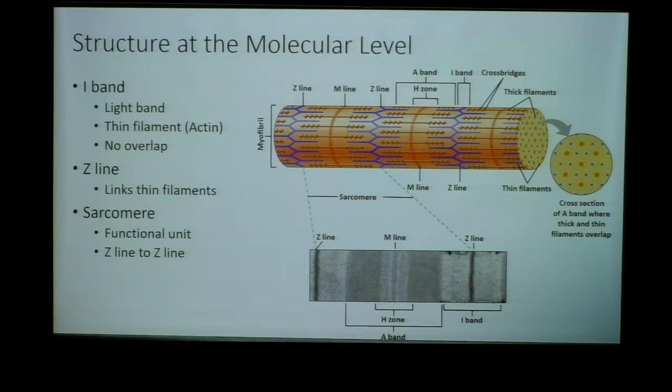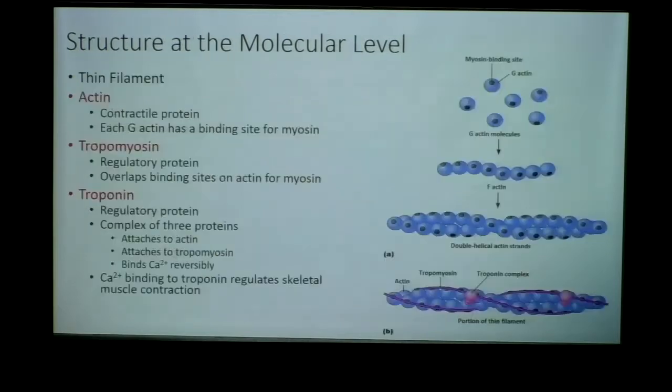The Z line borders the sarcomere, okay? So from one Z line to another Z line is a single sarcomere. And then on the areas around the Z line are the actin areas, the thin filament that, again, is much lighter staining because of the thinner filaments that are present there, okay?